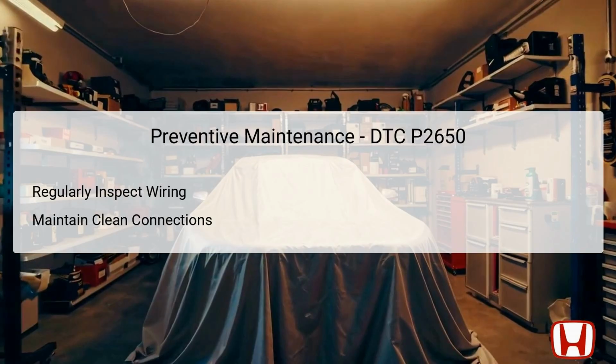Additionally, lubricating the connectors with a dielectric grease can protect them from environmental factors that could lead to corrosion or wear. Following a routine inspection schedule ensures that any potential problems are identified early, thus prolonging the life of the rocker arm oil control solenoid and the PCM. This proactive approach can save both time and money in the long run by mitigating severe engine issues.